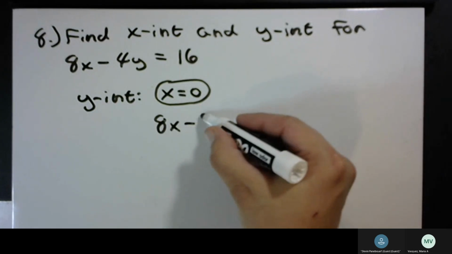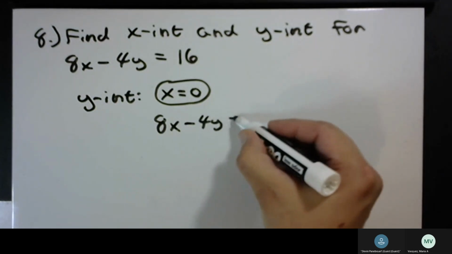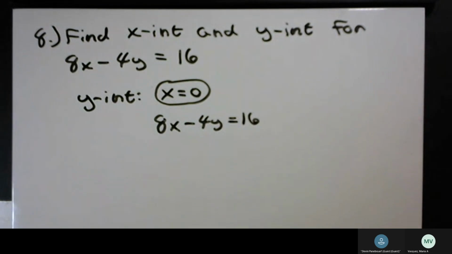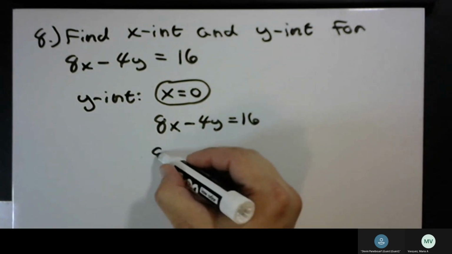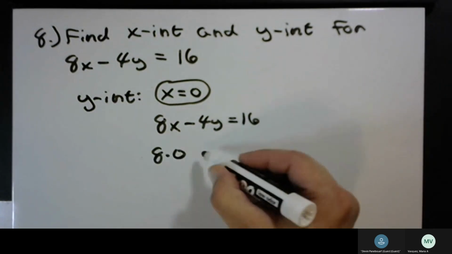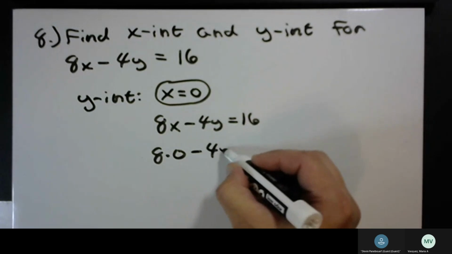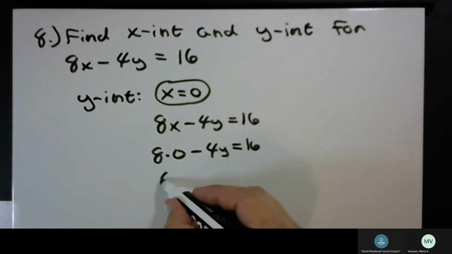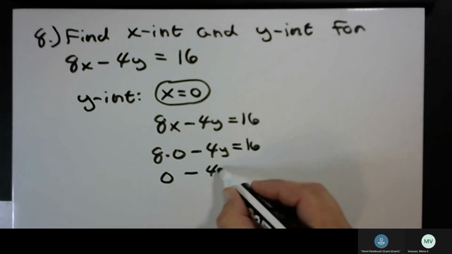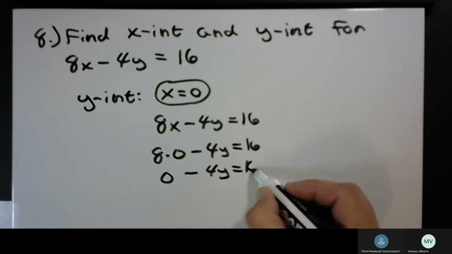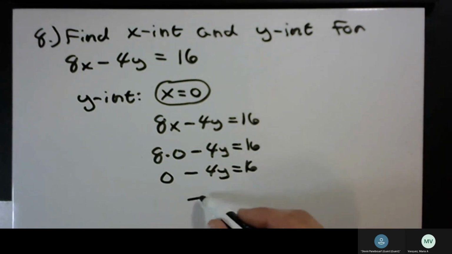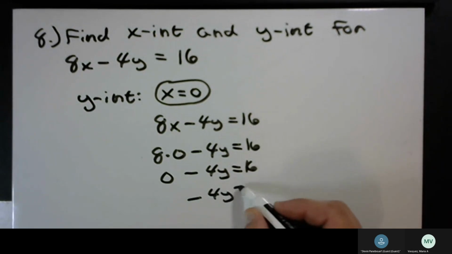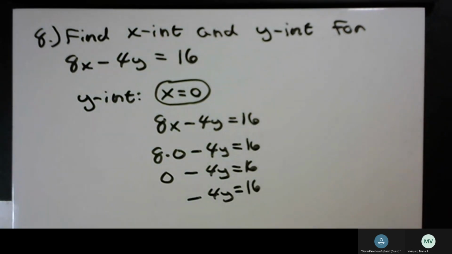So 8x minus 4y is equal to 16. 8 times 0 minus 4y is 16, or 0 minus 4y is 16, or negative 4y is 16.